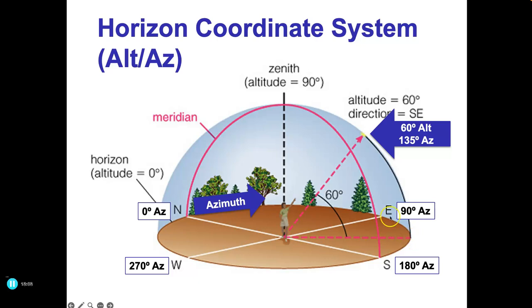And so if due east is 90 degrees azimuth and due south is 180 degrees azimuth, then that star is at 135 degrees azimuth, and it's 60 degrees above the horizon, so it's at 60 degrees altitude. So those two numbers, 60 degrees altitude, 135 degrees azimuth, tell you exactly where to look in your sky above your horizon to find that star.